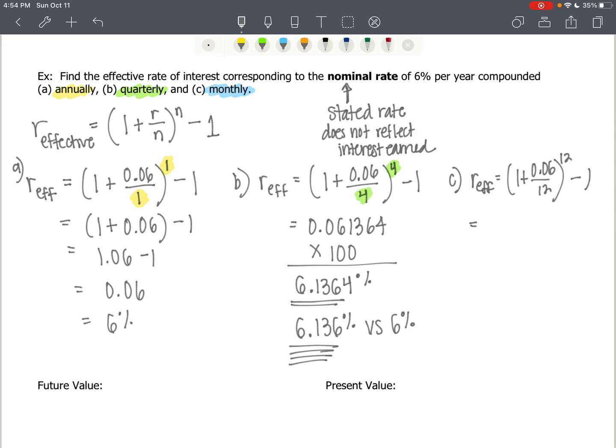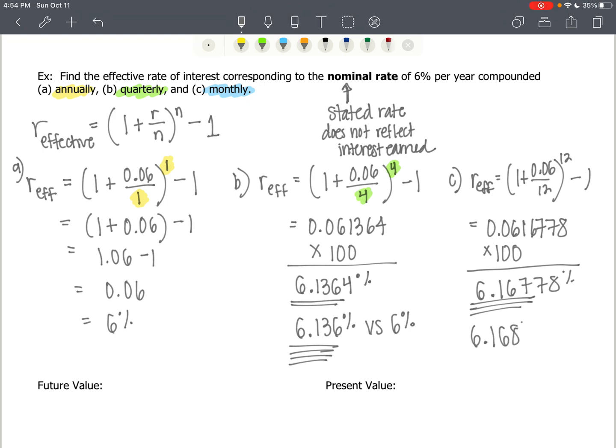No, I caught that one. So our effective rate is about 0.0616778. I'm going to multiply that by 100 to make it a percent, and I get 6.16778%. 3 decimal places says 6.168% versus that 6% nominal rate.